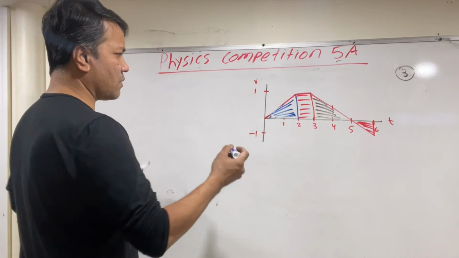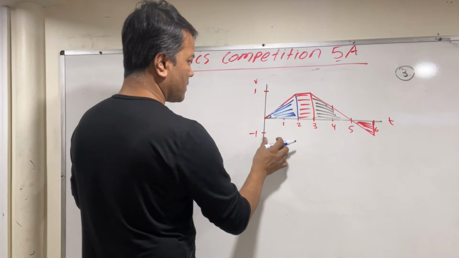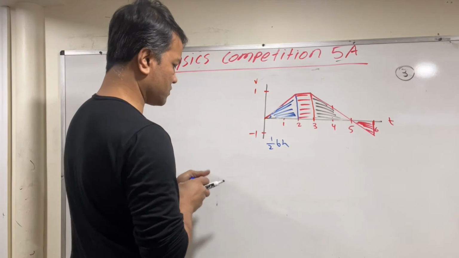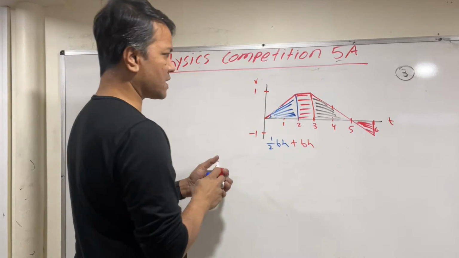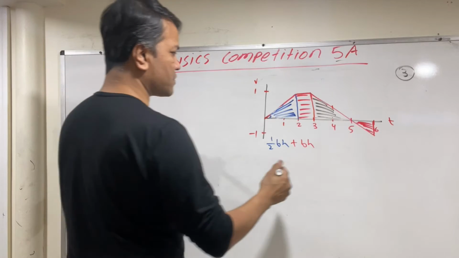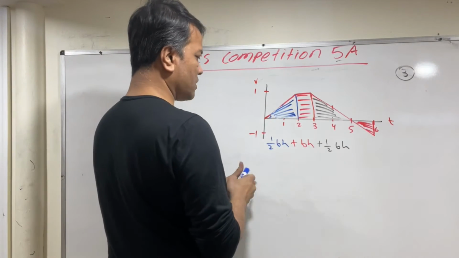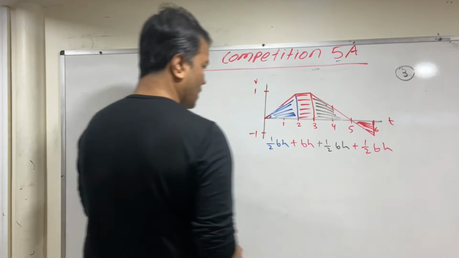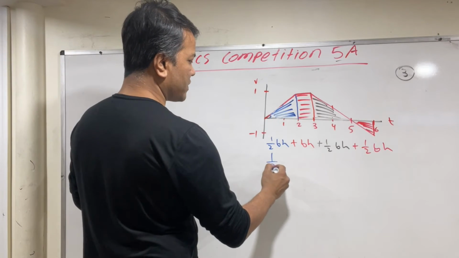Okay, so now here this is a triangle, so I'm gonna use half BH, and this is a rectangle, so I'm gonna use BH. This is again a triangle, so I'm gonna use half BH, and this is a triangle, so I'm gonna use, of course, half BH. So half, what is our base?